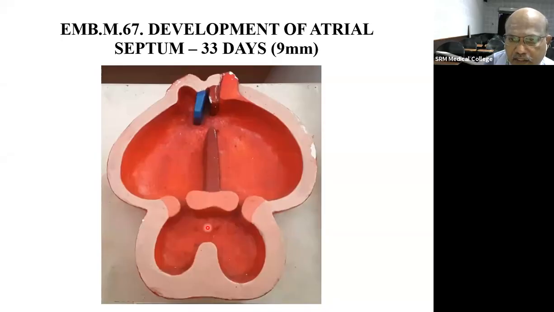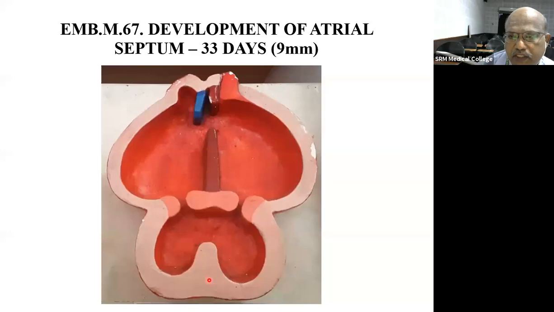Both join together to form the membranous part. That's why ventricular septal defect is more common at the level of the membranous part. That may be due to a defect in the proliferation of septum intermedium or the descending down of the bulbar septum. So that is the development of the membranous part of the interventricular septum.